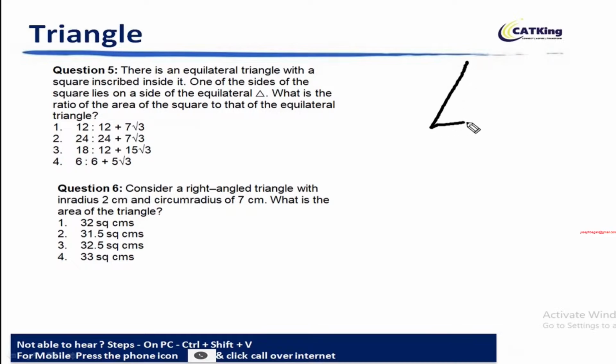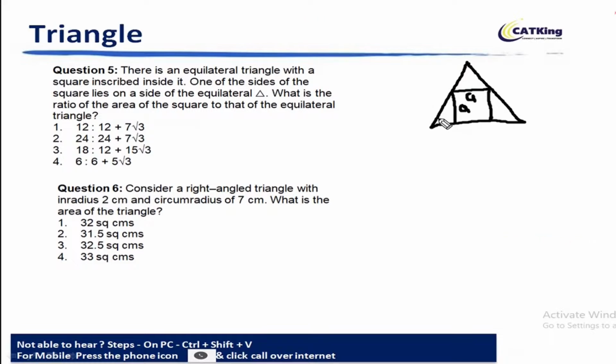So here there is an equilateral triangle and a square is inscribed inside it, and one of the sides of the square lies on the triangle. So this is the side. Suppose this side of the square is A, right? We need to find the area of this square and the area of this equilateral triangle, and then take the ratio to get to our answer.